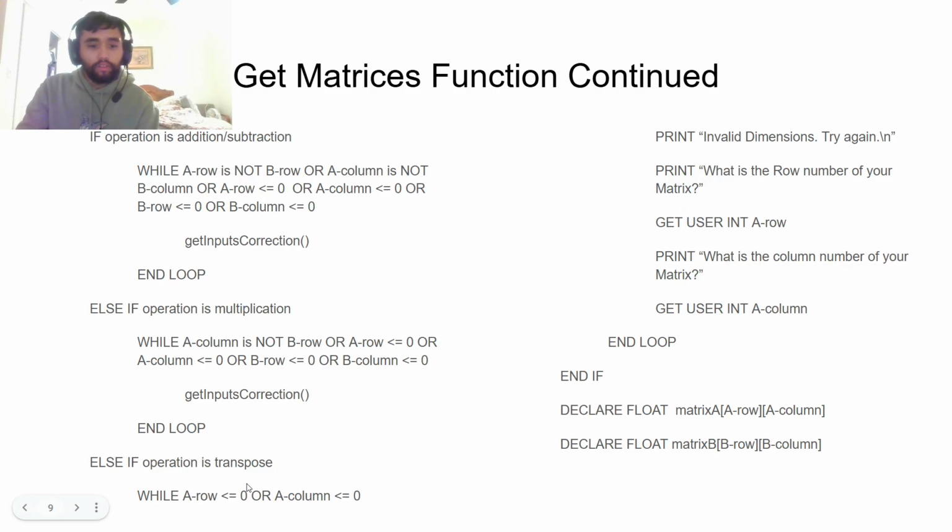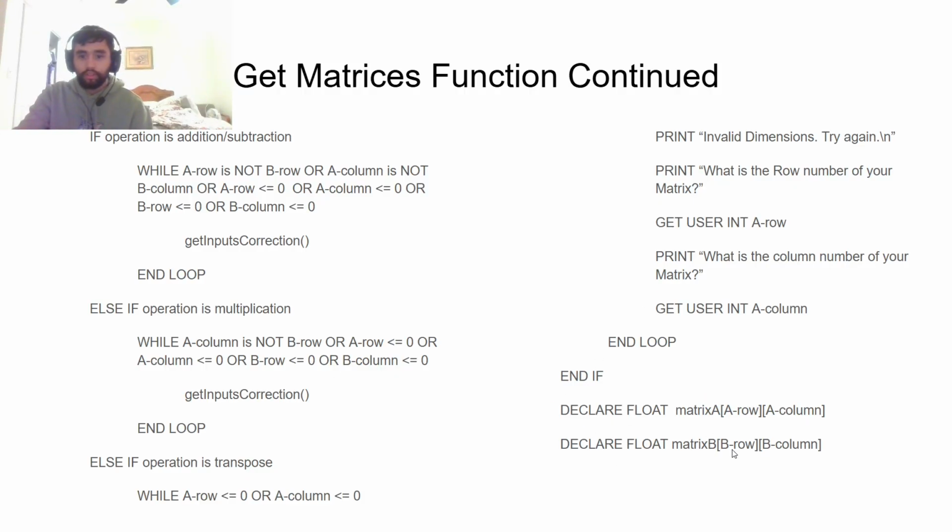Because if it's not, you can't really have a matrix with 0 columns or negative columns, that sort of thing. And this one is special for transpose because you're only checking one matrix, so you would only need to reprompt the user twice instead of 4 times.